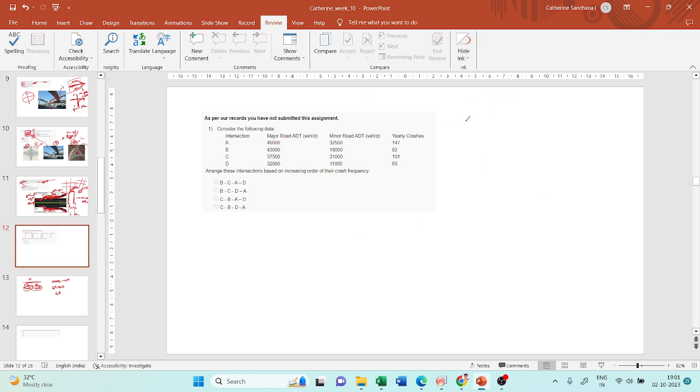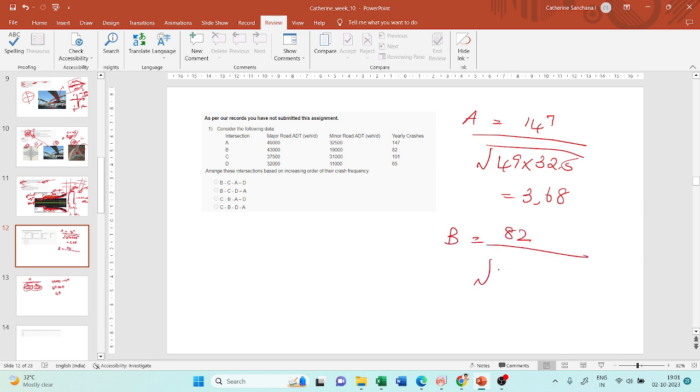Okay, for intersection A, it is 147 divided by root of 49 into 32.5, right? And this will give me 3.68. So the answer to this is 3.68. B, 82 divided by root of 43 into 90.